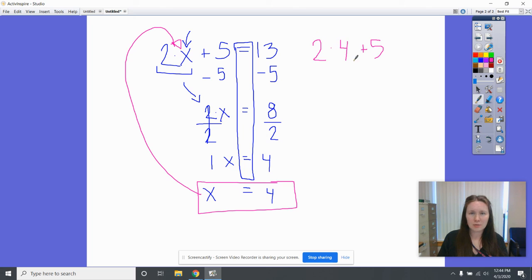So notice the only difference here is that I put a 4 instead of the x, equals 13. And now let's check. 2 times 4 is 8. 8 plus 5 is 13. And yes, 13, that is the answer that we were looking for. So we know we got that correct. That is your very introduction to solving two-step equations.